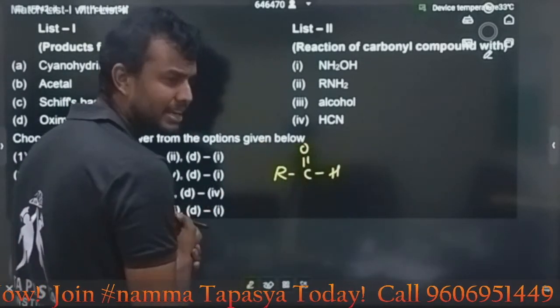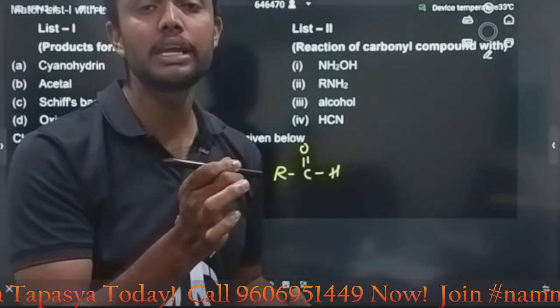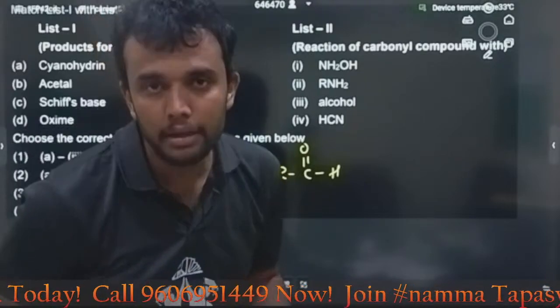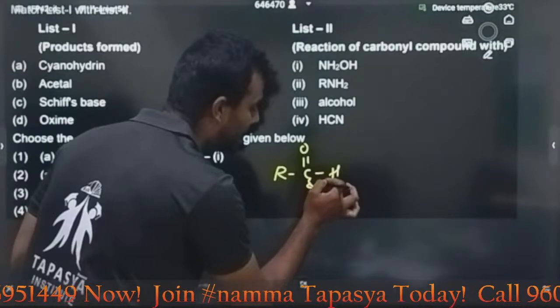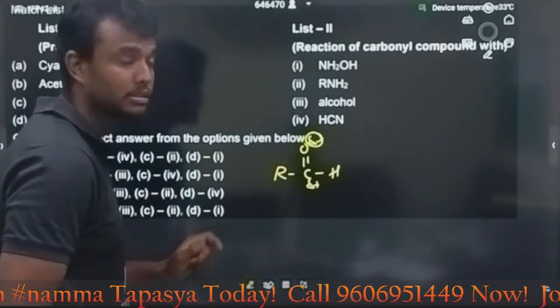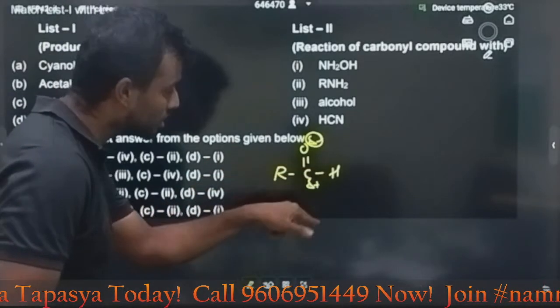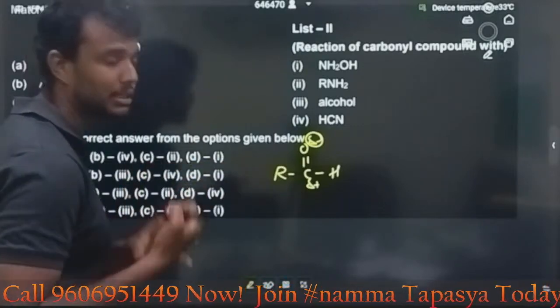In an aldehyde, the carbon is always ready to accept nucleophilic addition. Why? Because the carbon has a partial positive charge and the oxygen a partial negative charge, as electronegativity varies. So a nucleophile always attacks where the electron density is low, opposite charges.